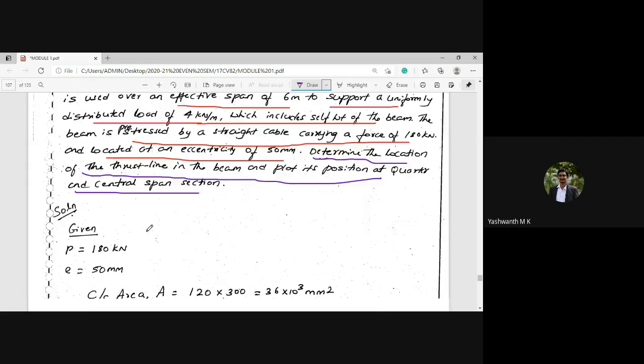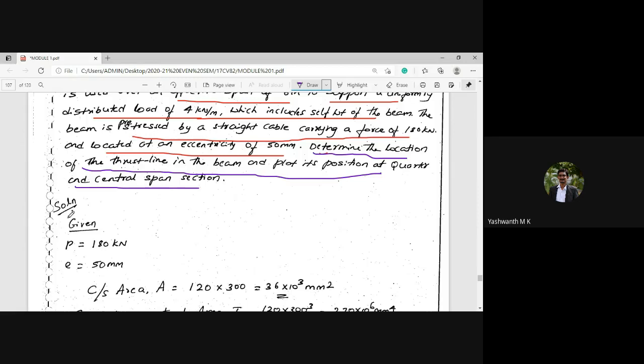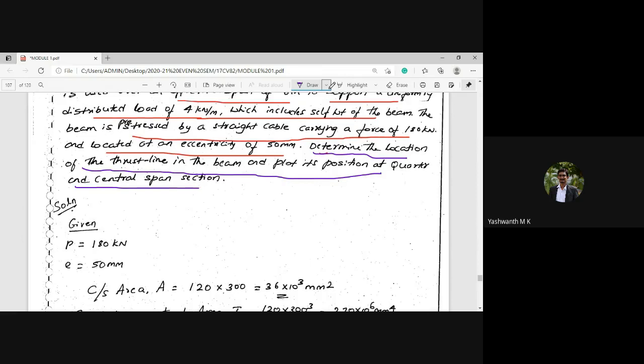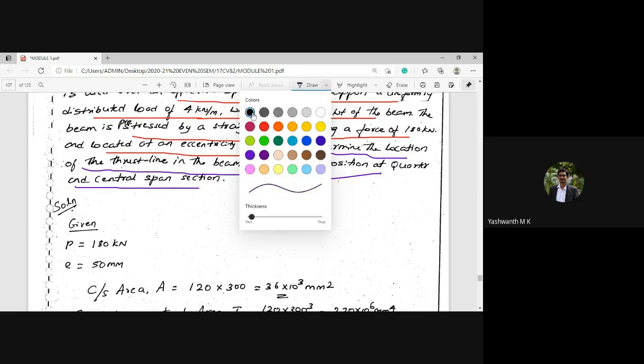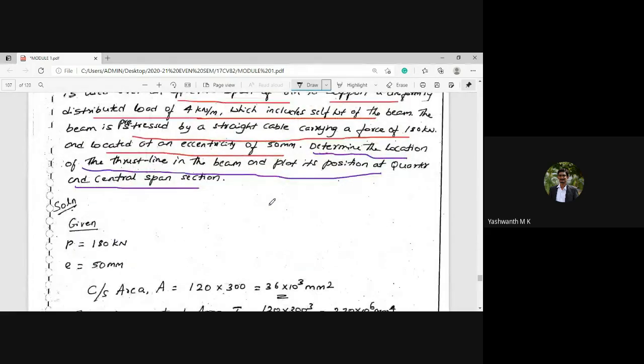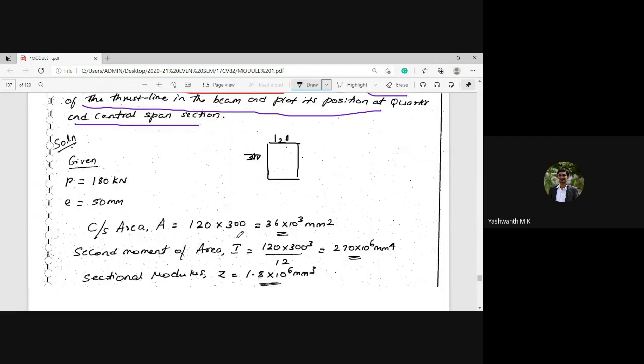So how to locate that? Let me go ahead. First, write down the data. P is equal to 180 kilonewton, eccentricity is equal to 50 millimeter, and the cross-sectional area A is equal to 120 by 300, because that is the cross-section of the beam given. So the cross-sectional area is 120 by 300.